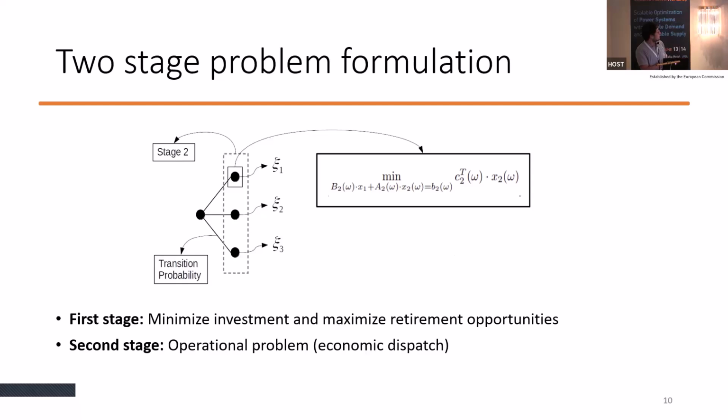Then in the second stage, which is the economic dispatch problem, we are going to have several nodes, and each one of these nodes corresponds to the economic dispatch problem under a different climatic condition. So this first node corresponds to the economic dispatch problem under the first climatic condition, the second node the economic dispatch under another climatic condition, and so on. And so what we would like is to have 35 nodes here in this second stage.